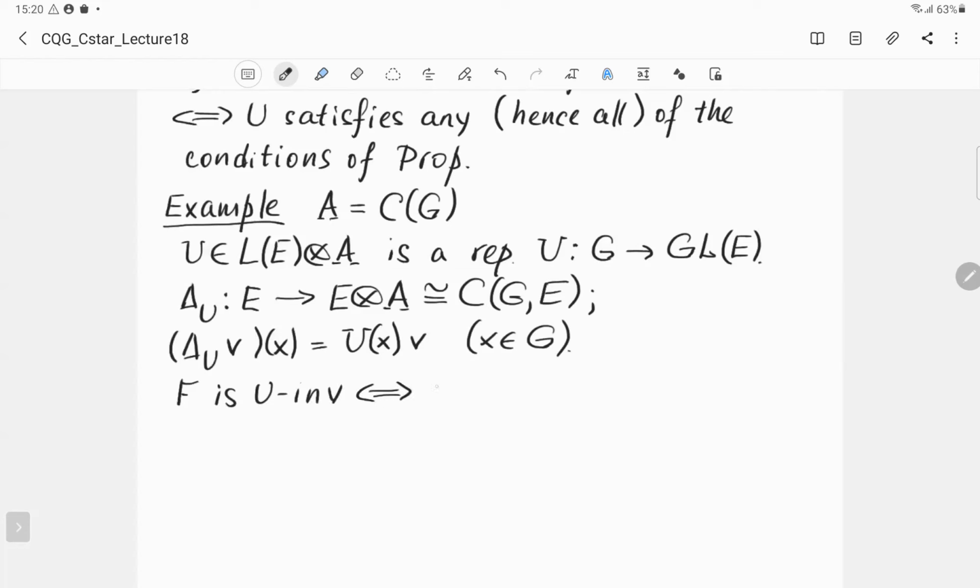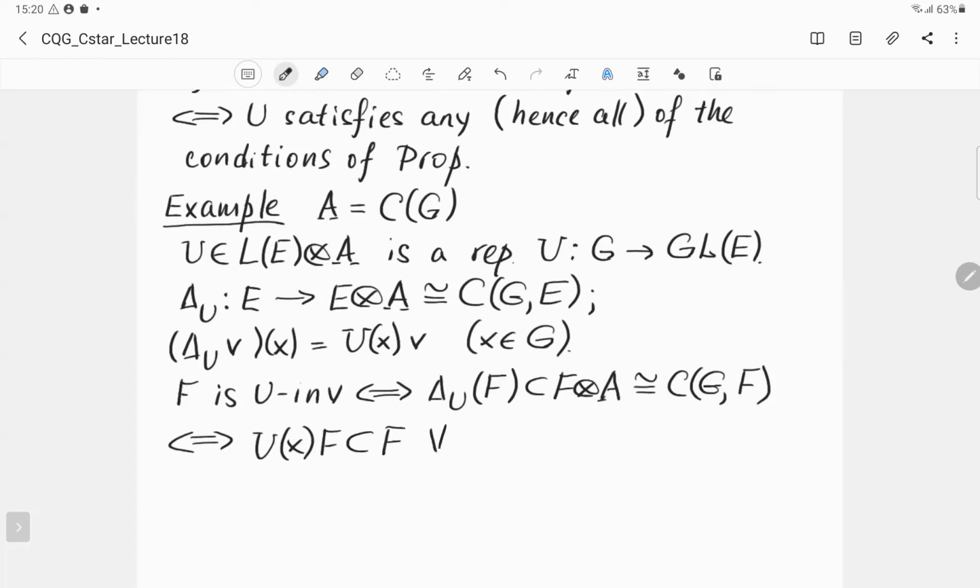So one of the equivalent conditions is that delta U takes F to F tensor A, which is the same as the space of F-valued continuous functions on G. And if you now look again at the explicit formula for delta U, we see that this means exactly that for each element v in F, the resulting function takes g to F. So in other words, this element belongs to the same subspace F. So this means that U of x takes F to itself for each x in G. That is, F is invariant with respect to U in the sense of representation theory.